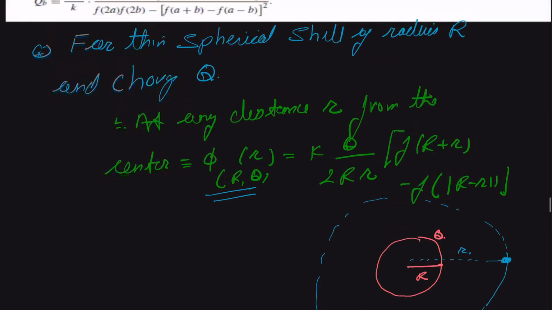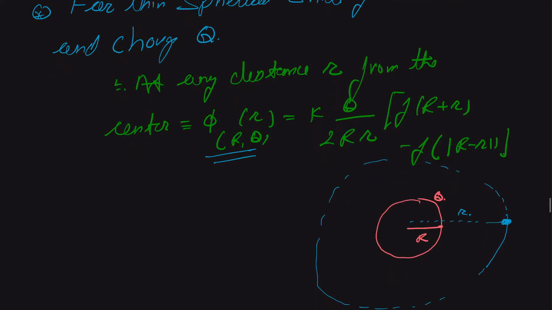The potential at any distance r from the center is kQ upon 2Rr times R plus r minus modulus of R minus r. We put a modulus because this point r can be inside the shell also.